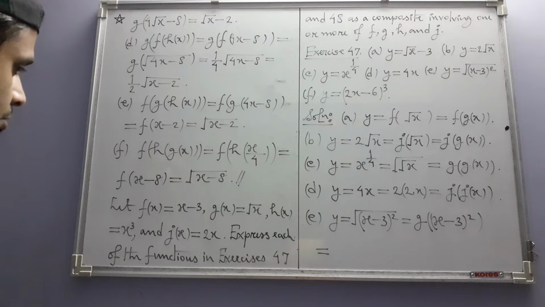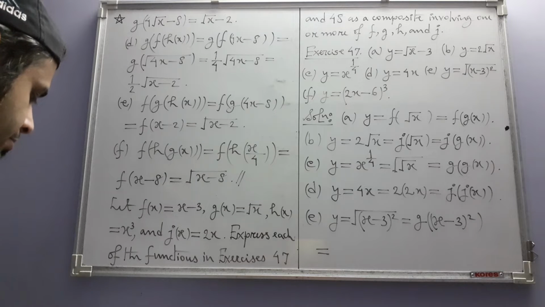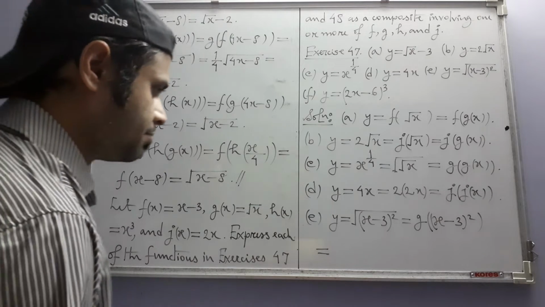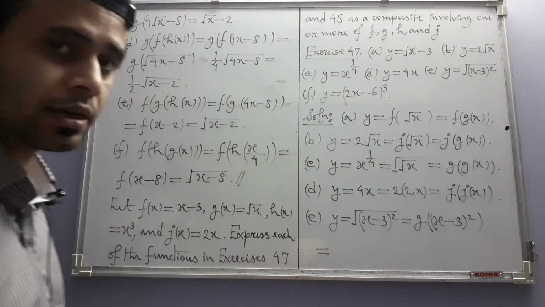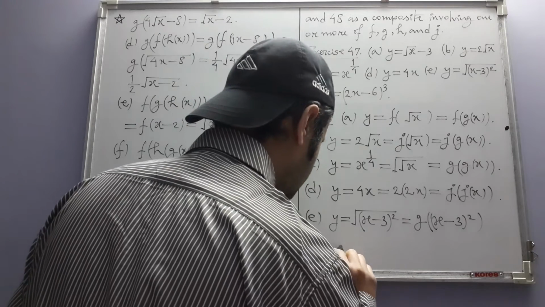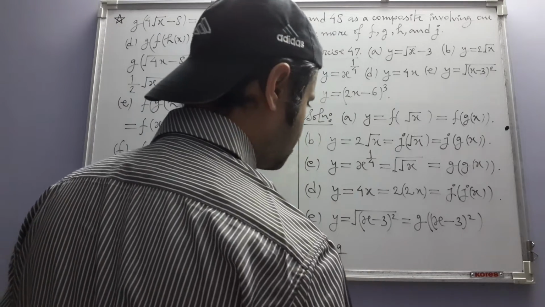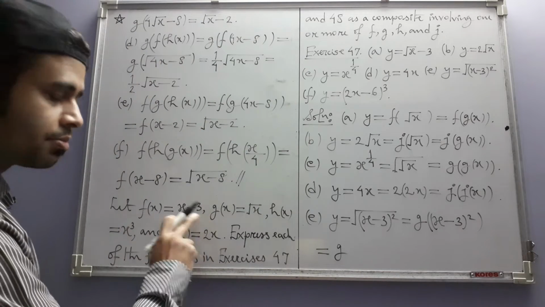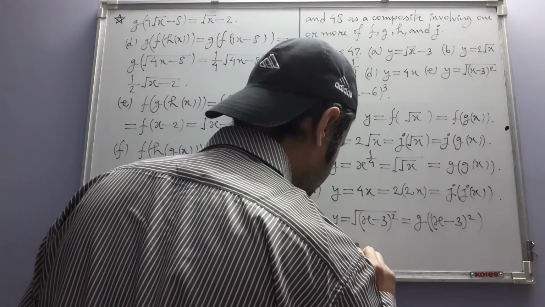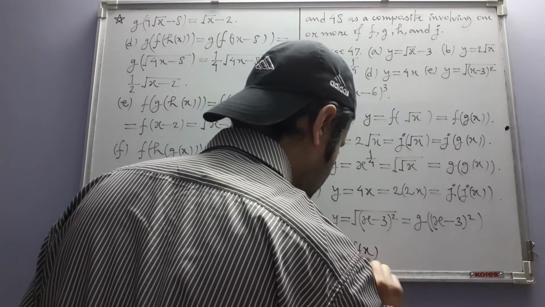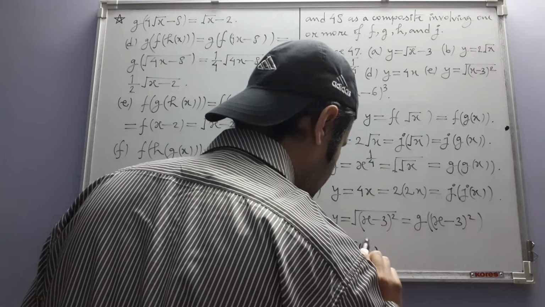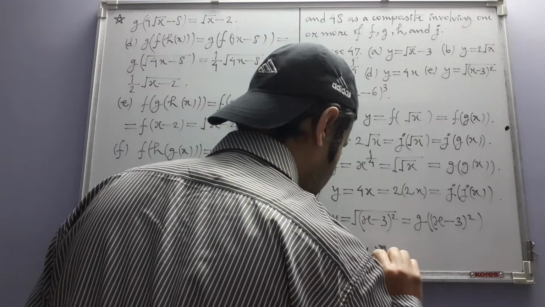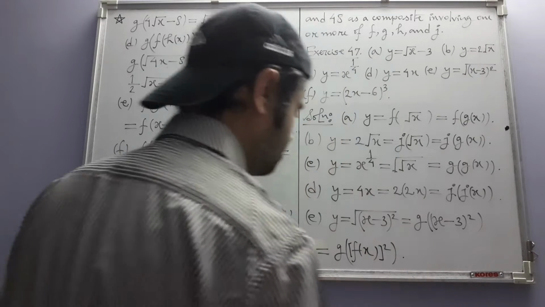Okay, because we don't have square, so what can we do? We have to keep the square as square. So we can at most write this. But f of x is x minus 3. So g of f of x whole square.